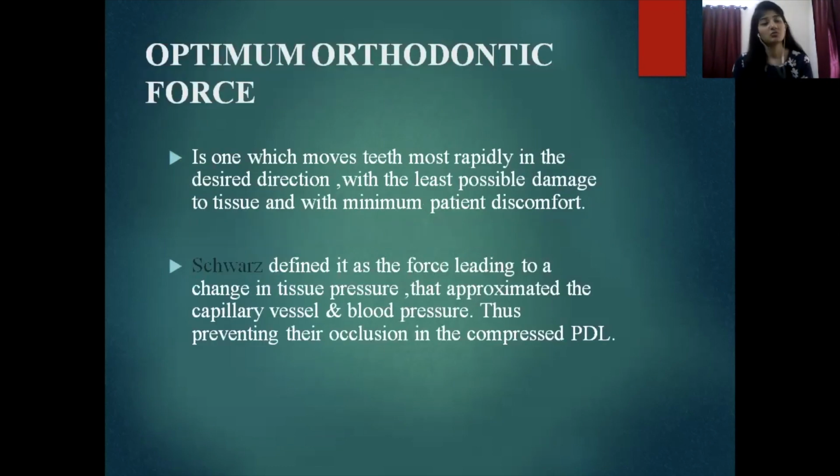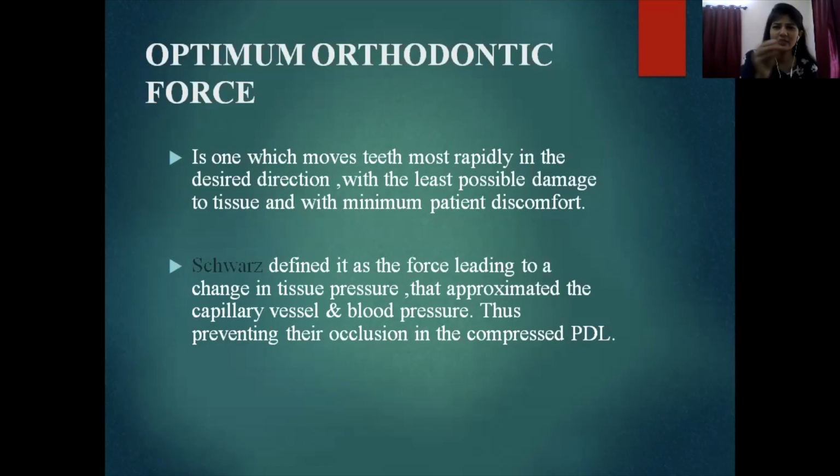The optimal orthodontic force. This is the new part. The optimal orthodontic force is one which moves the teeth most rapidly in the desired direction with the least possible damage to the tissue and with minimal patient discomfort.